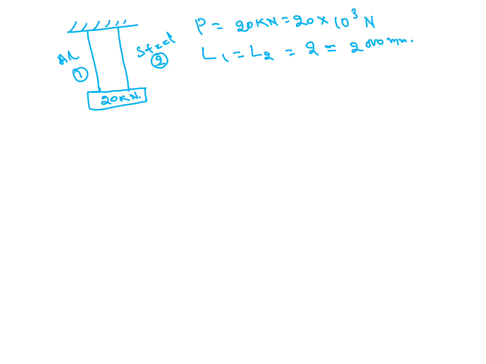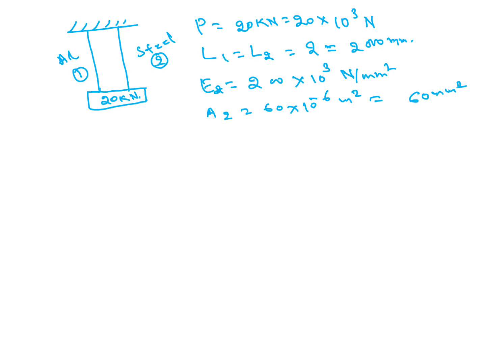E2 for steel, it's 200 into 10 power 3. It's in gigapascal, so you convert it into megapascal or Newton per mm square. Area is 60 into 10 power minus 6 meter square or 60 mm square. Convert it into mm square.